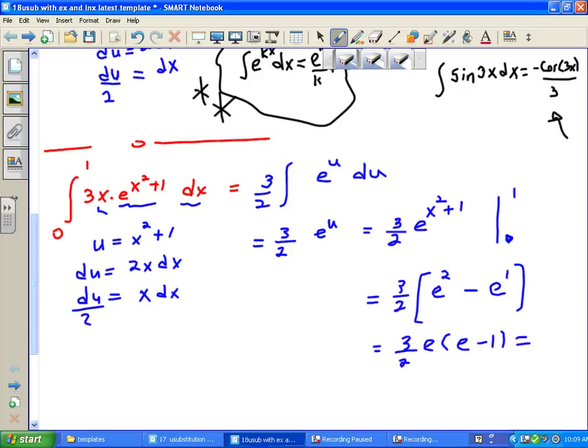Or we can get a decimal answer. Let's use our calculator. To get e, usually you have to do second ln and then e to the first. My calculator also has a separate e key on top of the division sign right here. If I do second division sign, it will also give me an exact value of e. So let me give you a moment to calculate this.